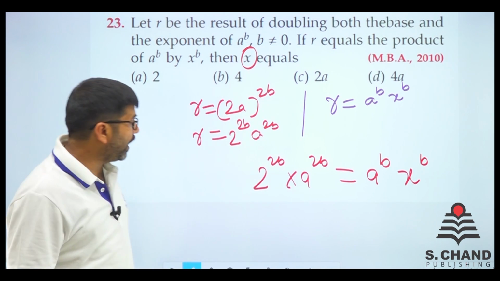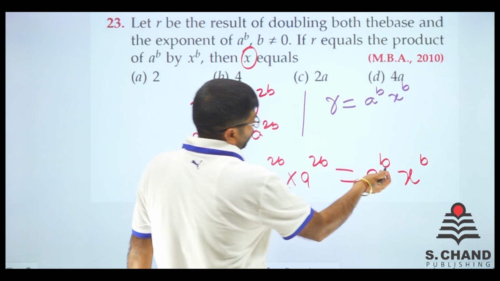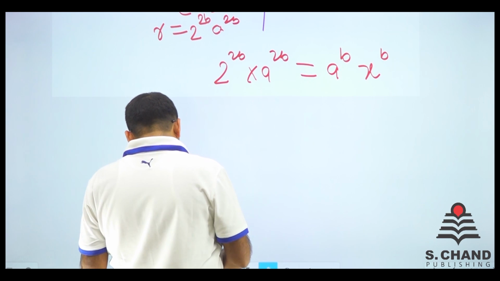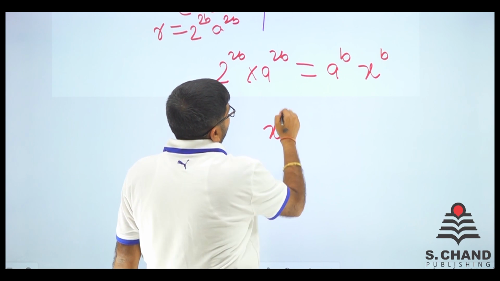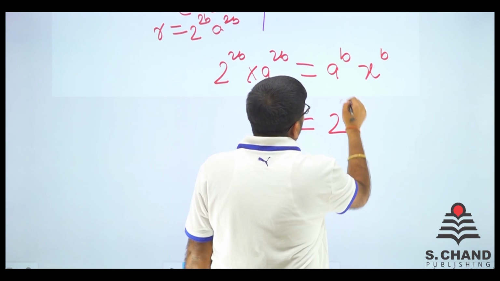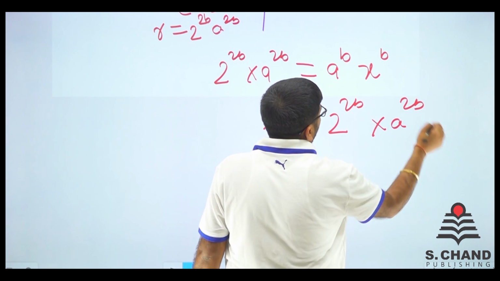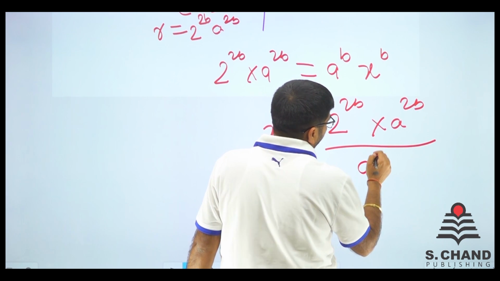So we put that a^b here: x raised to power b is equal to 2^(2b) into a^(2b) divided by a^b.